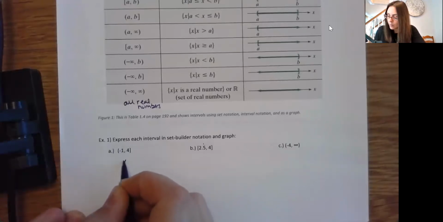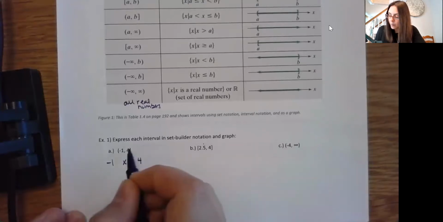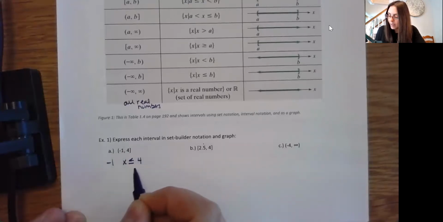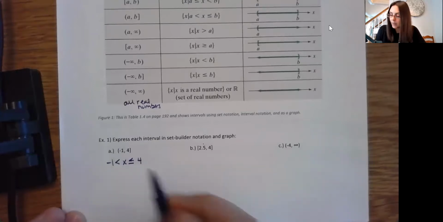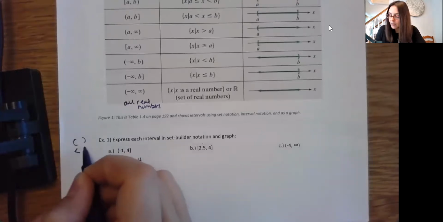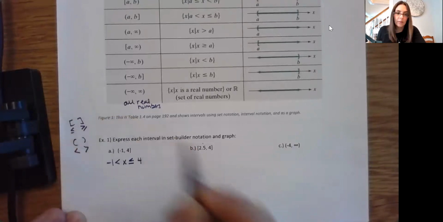So our X values are between -1 and 4. Because I have a bracket here, I'm going to have an equality, and because there's a parenthesis, I will have no equality. Remember that parentheses get used for these symbols and brackets get used for these symbols.